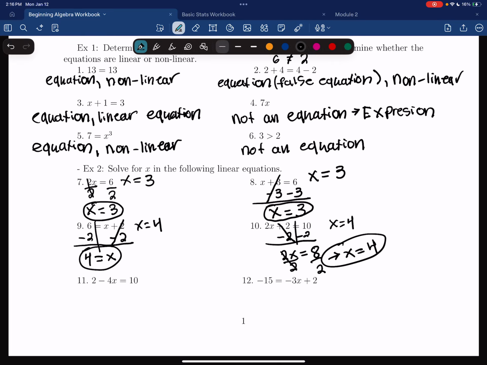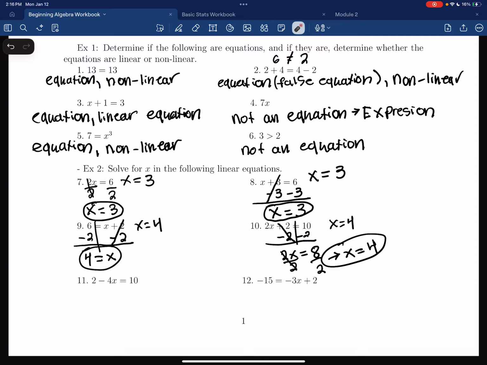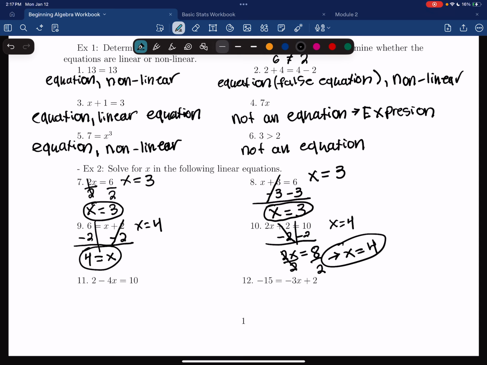What I would do, when you're solving for x, you always want to start off by subtracting whatever's furthest away from x. So because this 2 here is farther away from x than this 4, we're going to first want to tackle this 2. So to get rid of this 2, I'm going to simply subtract 2 on both sides.